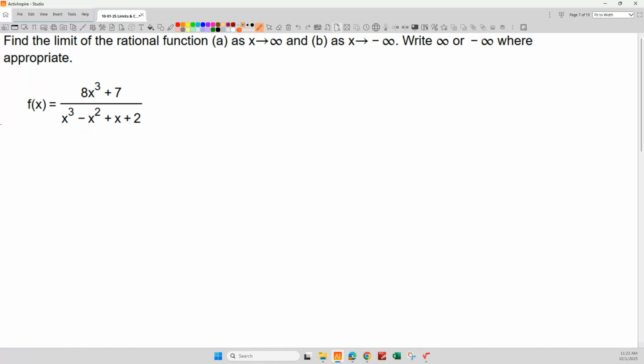Okay. So on this one, the answer is automatic. It's 8, because our rule is, if I'm approaching positive or negative infinity and I have a rational function with equal degree polynomials, we always just take the ratio of leading coefficients.